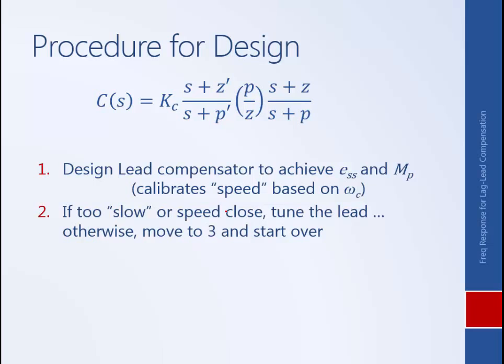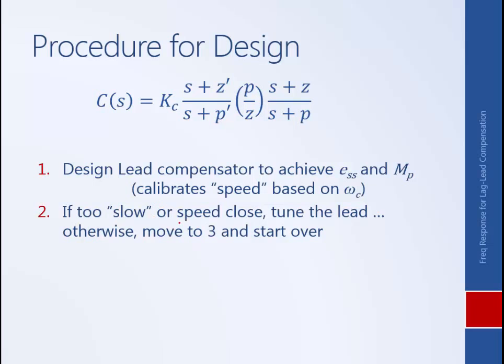So we'll look at the DC gain, but we'll also try to achieve a certain amount of overshoot and a certain speed of response. If the lead compensator all by itself is close to meeting all three requirements, or if it's too slow, we can try to tune the lead to speed up and meet the overshoot if we can.